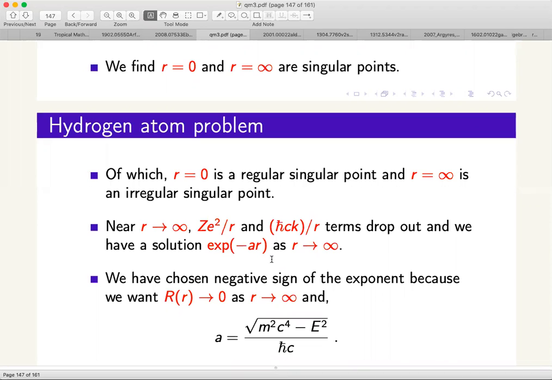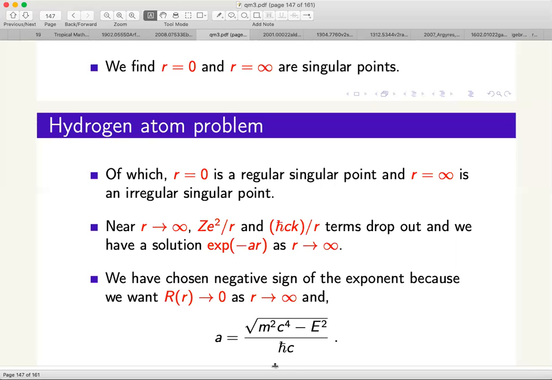Therefore that behavior will not be called essential singularity, simply because after a certain number of derivatives, the function would not be diverging. So you just do an expansion of the function, you find that there are divergent pieces at some point in that expansion, all other terms would be finite. That is not what would be called essential singularity.